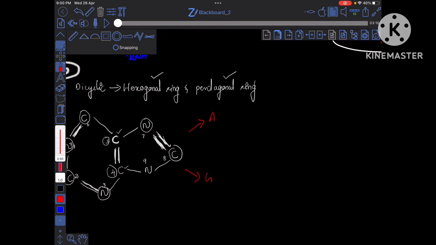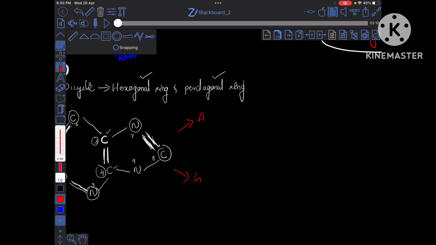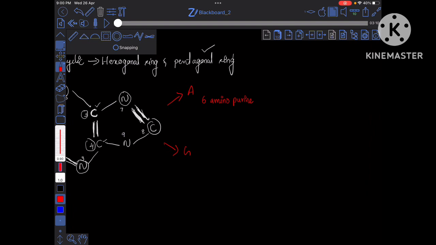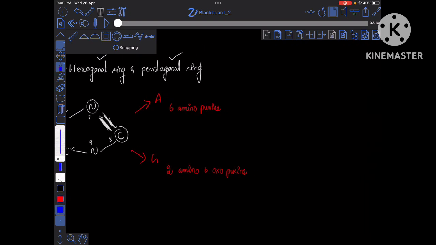Before that, adenine can also be named 6-amino purine, and guanine can be named as 2-amino 6-oxopurine. First, let us draw the adenine structure.